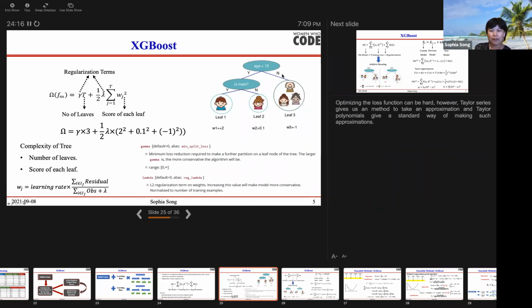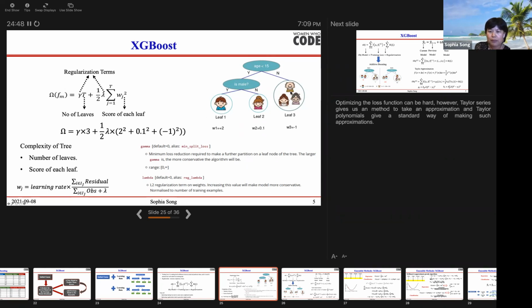For example, if I have this model with 3 leaves, I use this gamma, which is already predefined, and multiply it by 3, since I have 3 leaf nodes in total. Then plus all the weights. Here, the weight is the learning rate times this leaf's residual, divided by how many records are inside this leaf.